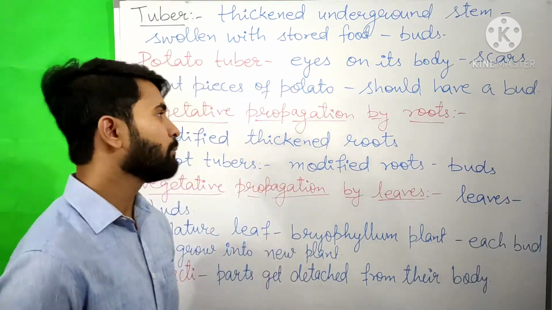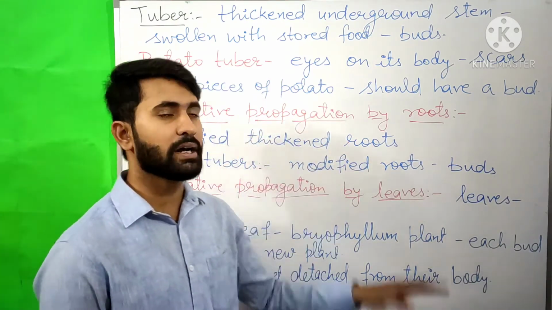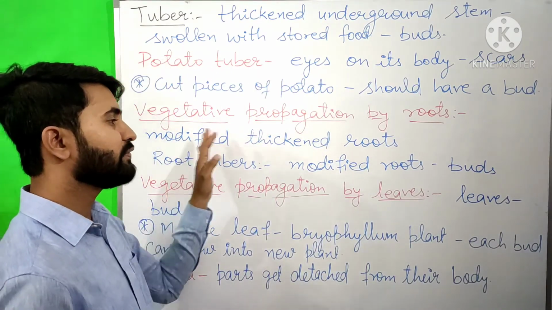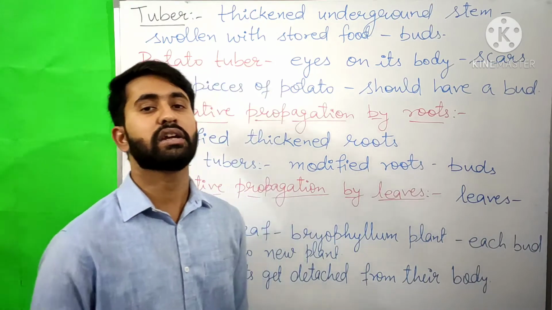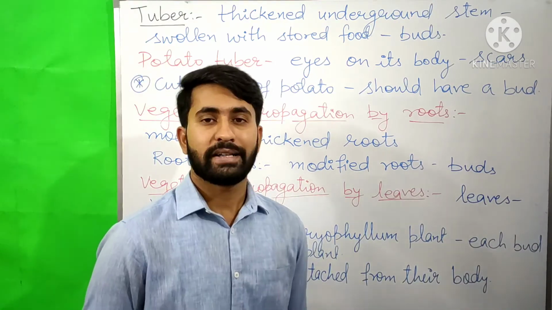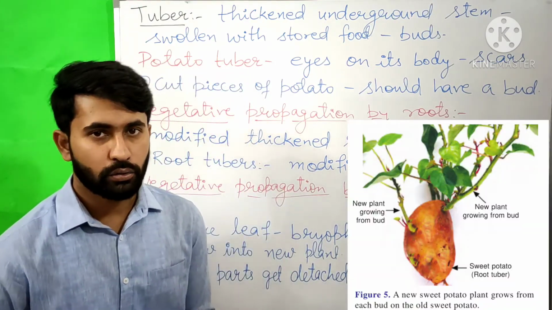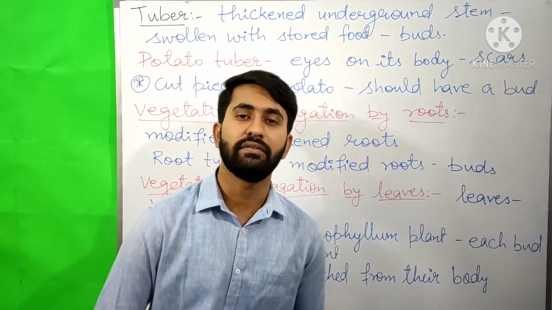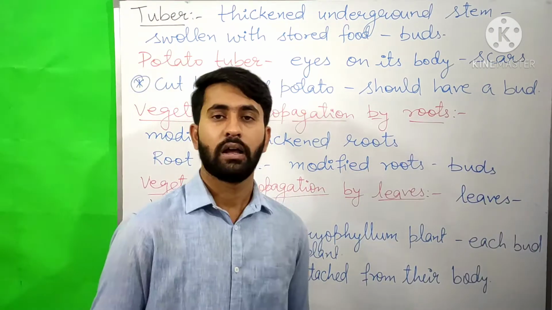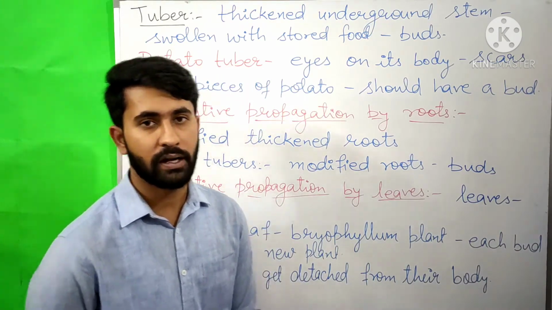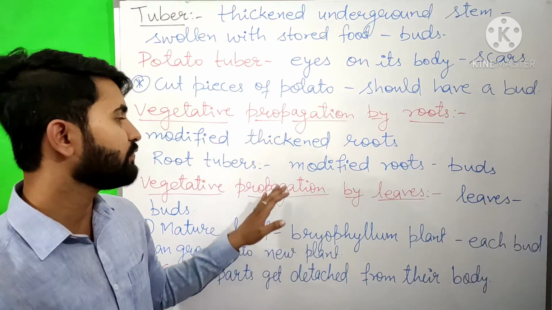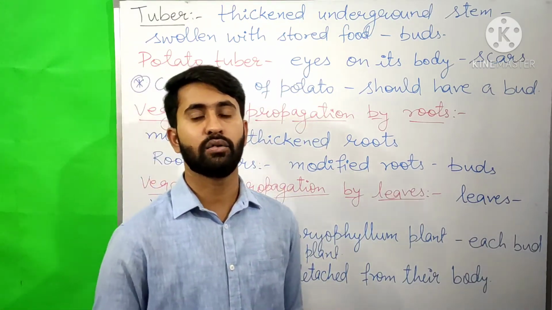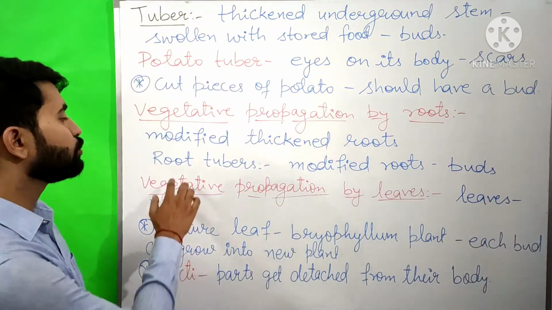Now we will learn about vegetative propagation by roots. There are some plants which have modified thickened roots which have buds on them. For example, the sweet potato. It is having modified thickened root which is having food stored in it. Like the sweet potato plant, it is having modified thickened root with the stored food that are known as root tubers.